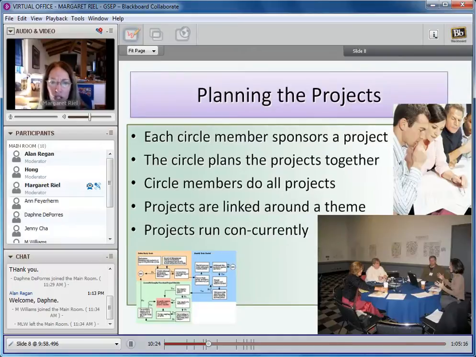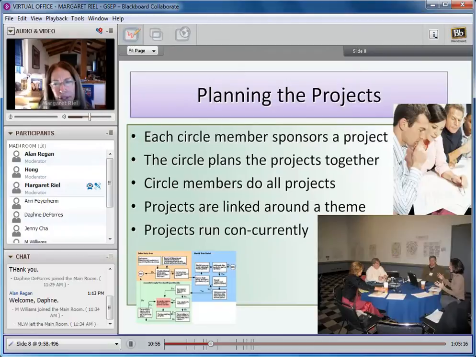So there's some negotiation of the scale of the project, the ideas that people have, helping them shape their ideas, because the group is responsible for all of the projects. The circle members participate in all of the projects. The projects are linked around a theme, and they run concurrently, with each person in the circle leading one.